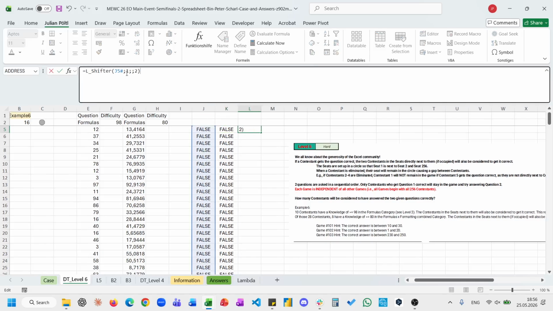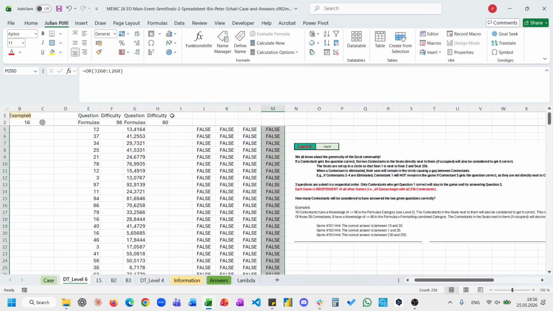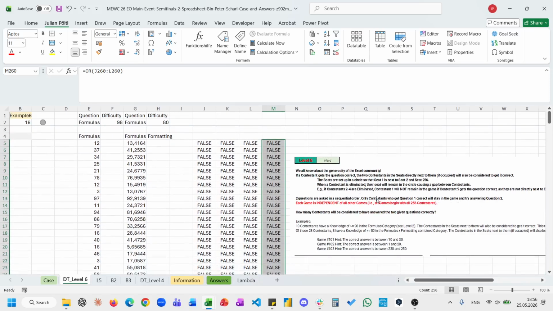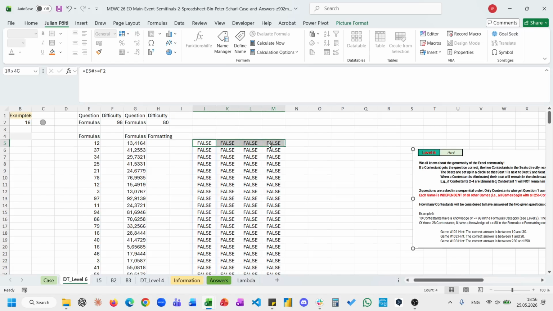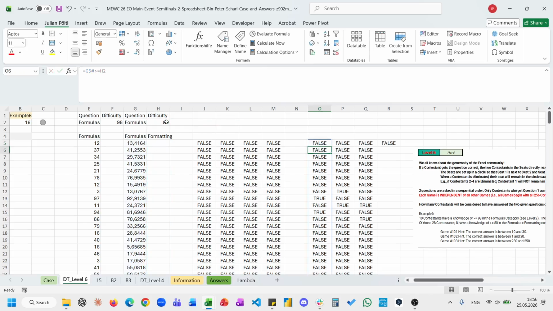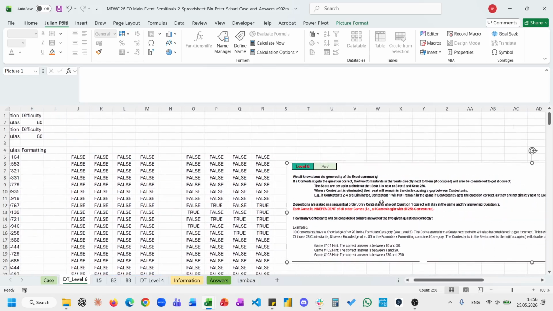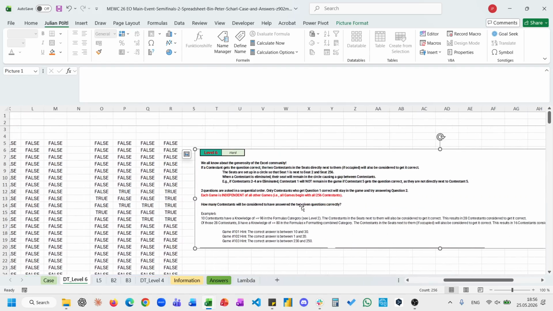This time I was not aware that I have a lambda for this. And then basically we take an OR. And the same for this array here. Is this saved? Yes. This is shifted, false. Have to copy this. And they have to have both correct.